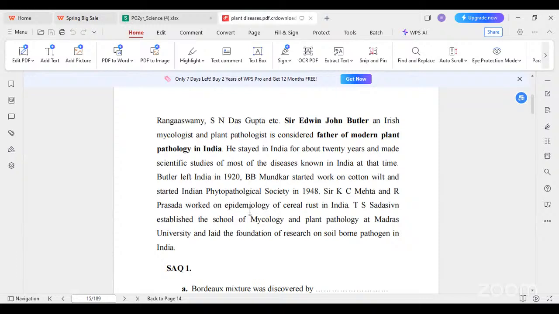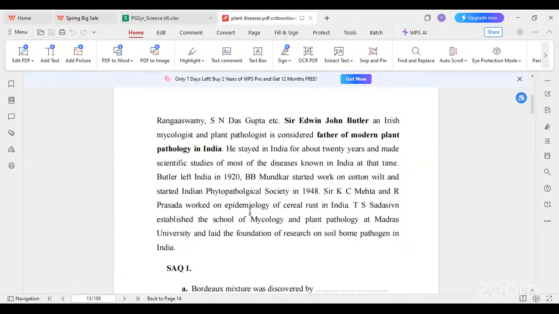He worked in India for about 20 years, made a census, and made scientific studies of most of the diseases known in India at that time.